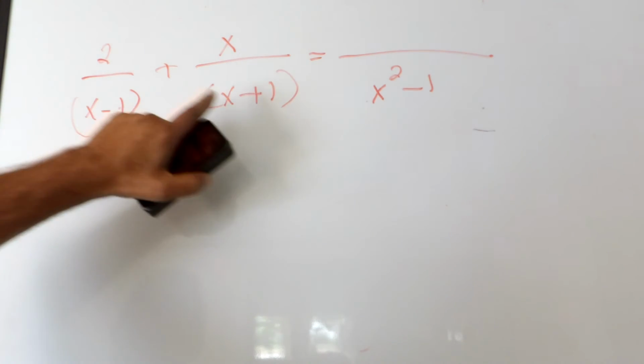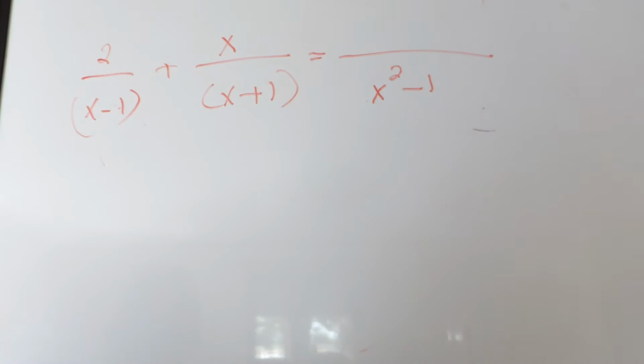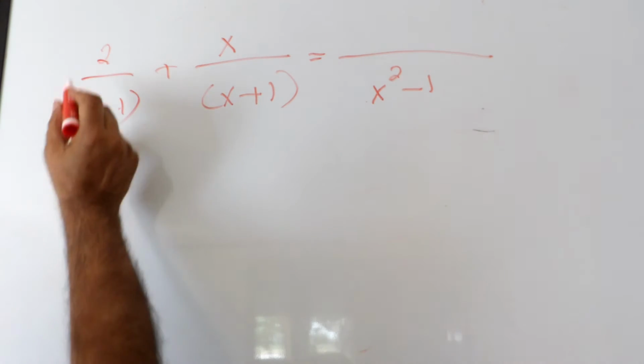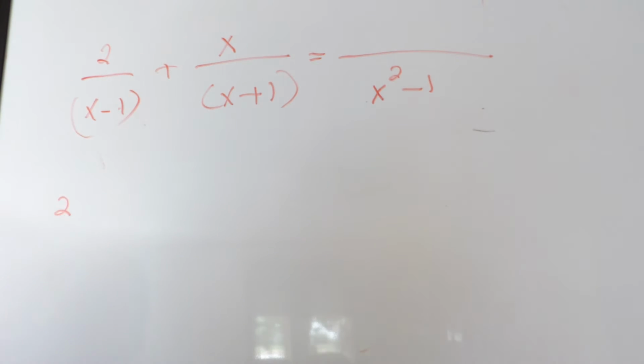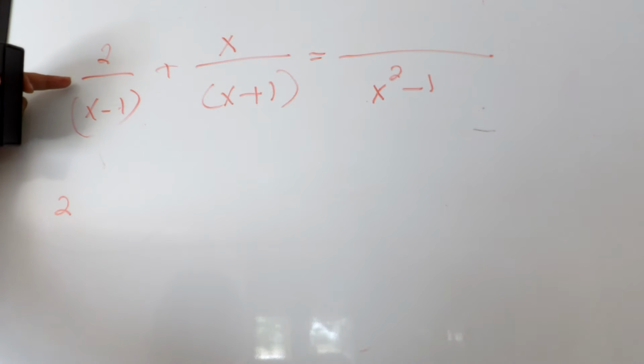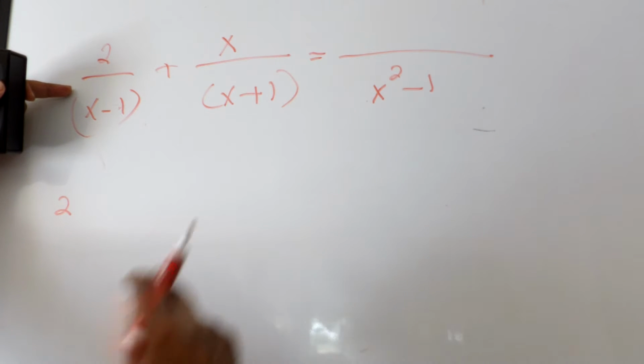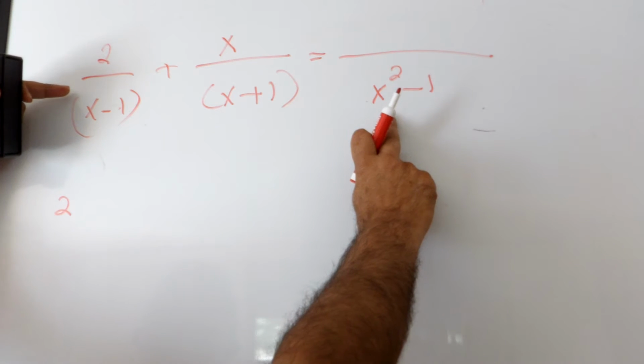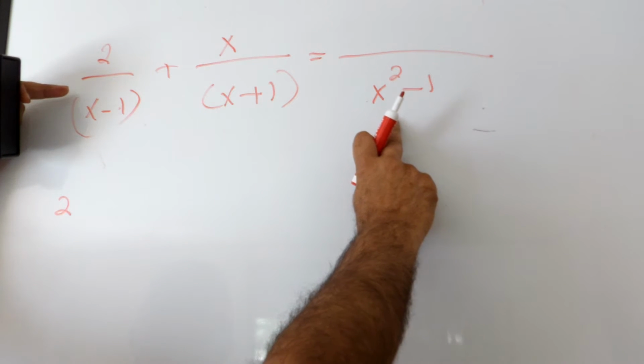And then when you divide this one by this one, or the other way around, we can say we got to make this a common factor.